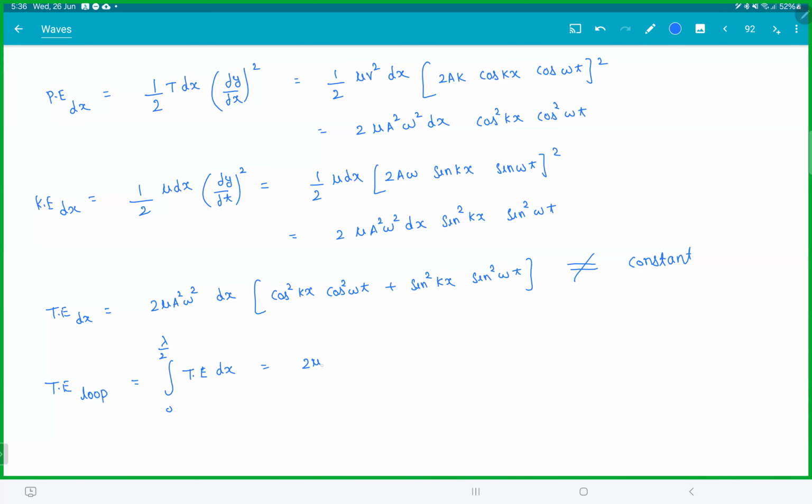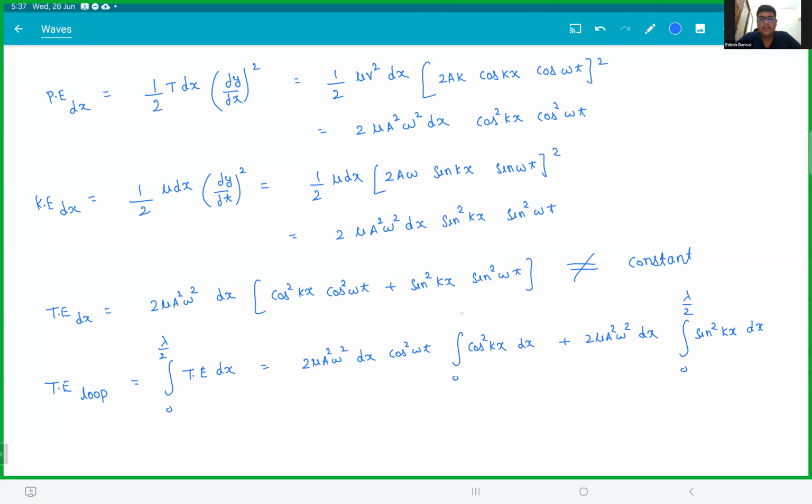So this will be 2 mu a square omega square cos square omega t times the integral of cos square kx dx from 0 to lambda by 2, plus 2 mu a square omega square sin square omega t times the integral of sin square kx dx from 0 to lambda by 2.